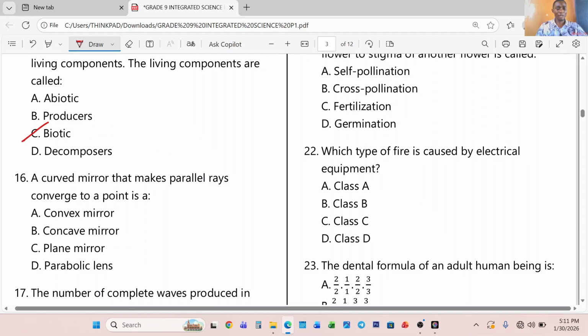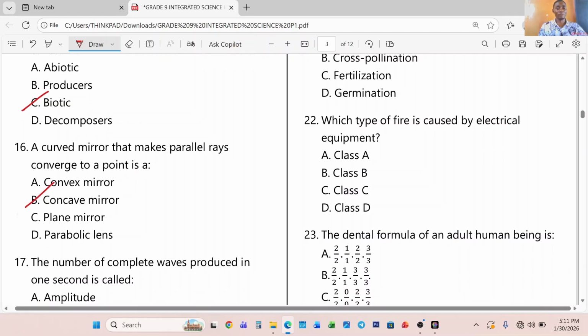For convex mirrors, we know the rays diverge. For plane mirrors, the rays move in a straight direction. Then you have the parabolic lens, which does not have these rays converging. So the correct answer is B, concave mirrors, where the rays converge at one point.